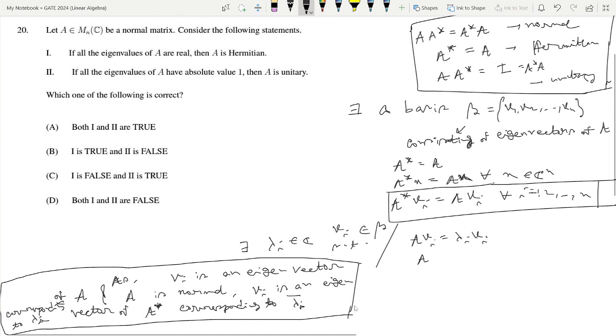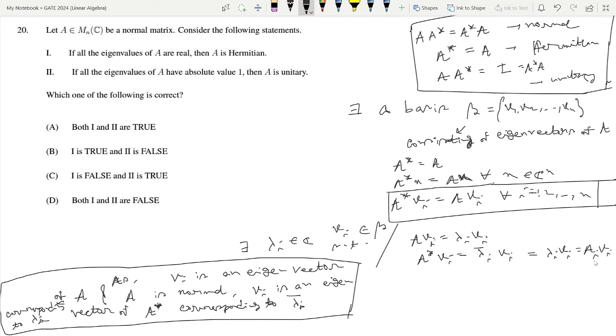So now here, as A Vi equal to lambda i Vi, Vi is an eigenvector of A star corresponding to lambda i bar. So we can write A star Vi equal to lambda i bar Vi. And now we are given that all the eigenvalues of A are real. So here lambda i is an eigenvalue of A, and as it is real, we have lambda i Vi, and that is also A Vi.